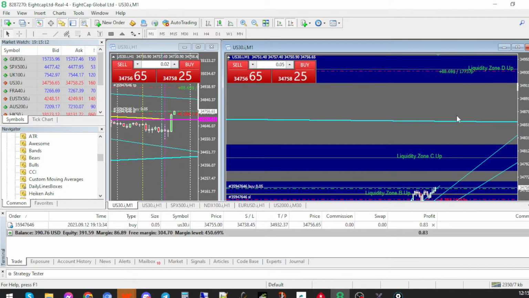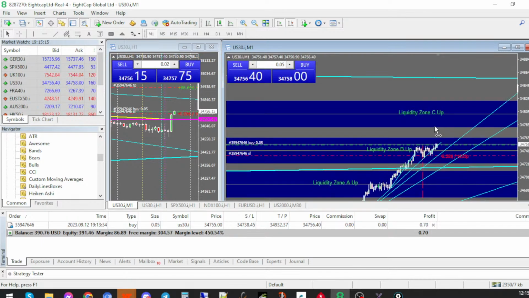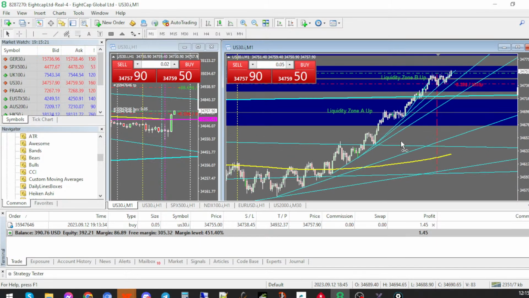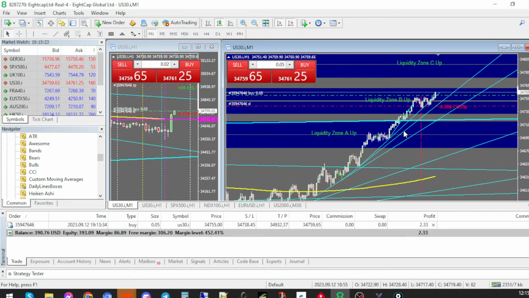I'm going to target the D zone, and I'm going to see if price is going to respect the uptrend. All right, so this is a second break here.